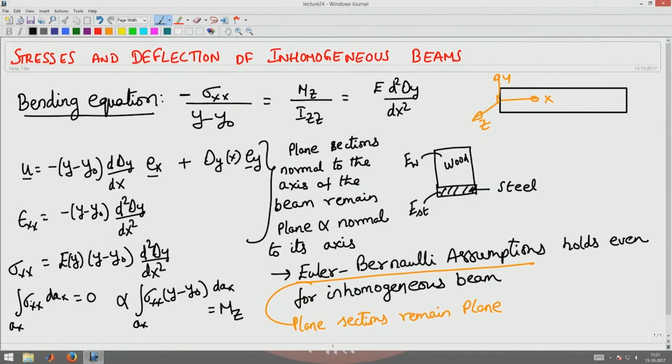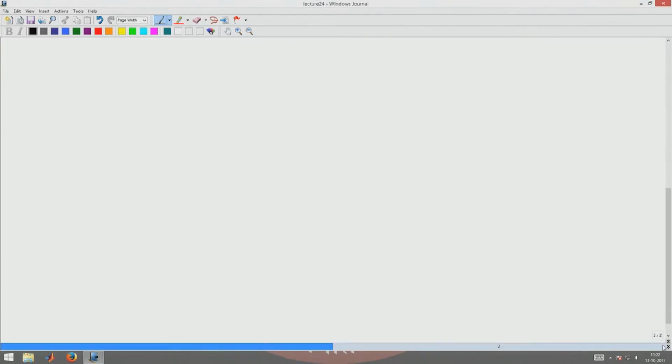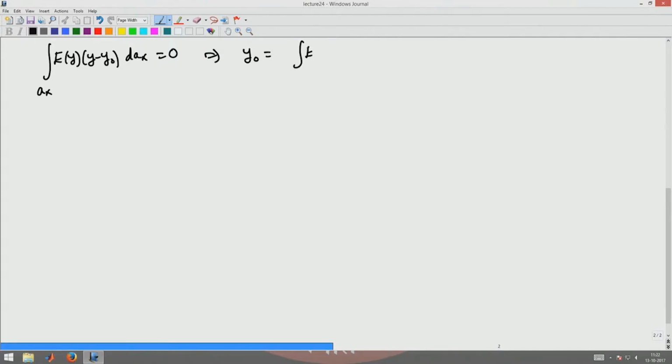Now you can't do that, so let us find out what restriction these equations place. Now you have integral of E of y into (y minus y naught) dAx over Ax has to be 0. This will imply that y naught is integral of E of y into y dAx over Ax divided by integral of E of y dAx.